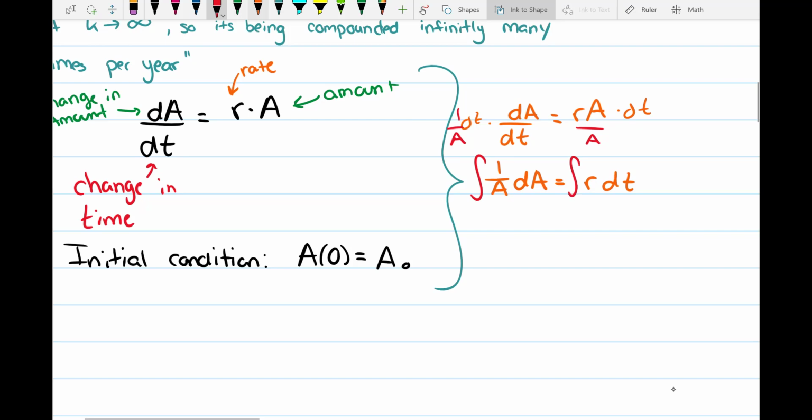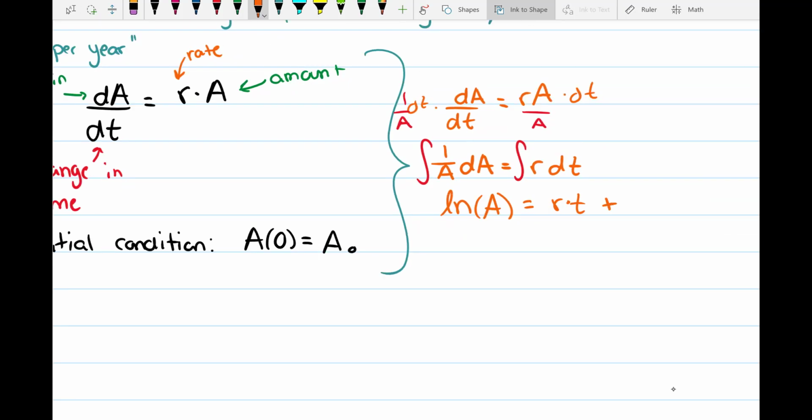So when you integrate 1 over A, you get ln of A. And A is positive because you can't invest a negative amount, so you don't need the absolute value bars, equals rt plus C. And so from here, we need to raise both sides to the e to get rid of the ln.